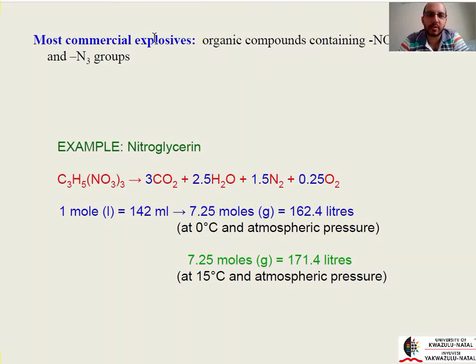Most commercial explosives are typically organic compounds, and most of them typically contain nitrogenous functional groups. So your NO2, NO3, N3, nitrogen double bonds as well. Okay, so another example, in addition to your trinitrotoluene, is your nitroglycerin. This actually has a lot higher explosion energy than TNT. However, it's also a lot more unstable, so its uses are quite limited.